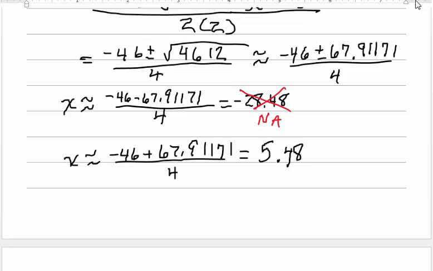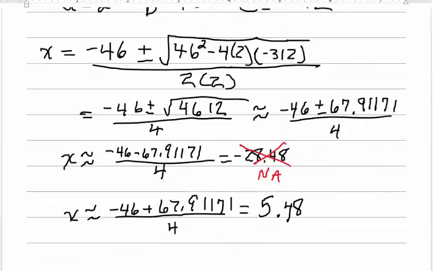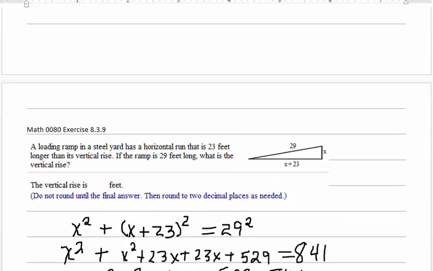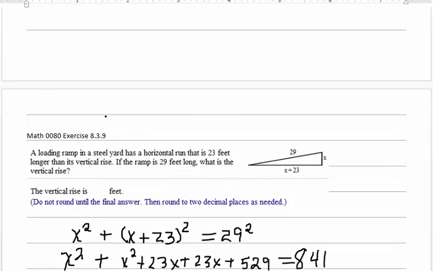So that's the rise on my ramp, 5.48. That's actually what I was trying to find. So the vertical rise is 5.48 feet.